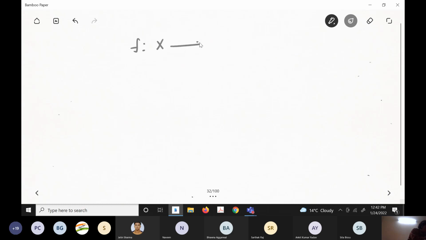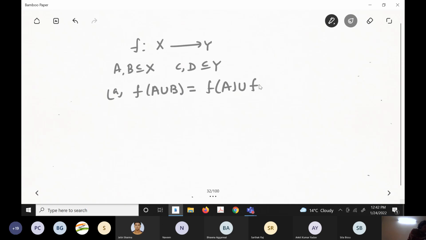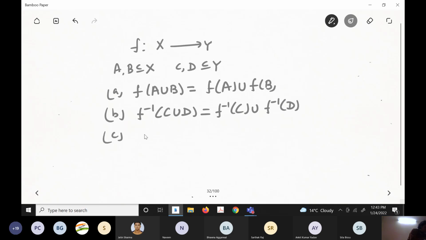Suppose you have a map f from X to Y, and A, B subsets of X, C, D subsets of Y. Then these things are true: f(A union B) is f(A) union f(B); f inverse of (C union D) is f inverse C union f inverse D; f inverse of (C intersection D) is f inverse C intersection f inverse D. These things you will always need in topology.